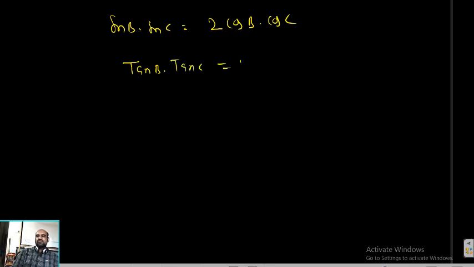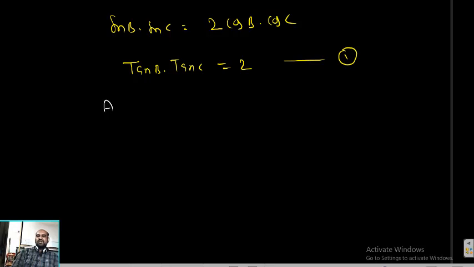So what I will get, I will write here sin B into sin C equals 2 cos B into cos C. Divide throughout by cos B into cos C. What will we get? Tan B into tan C equals 2. This is result number 1.